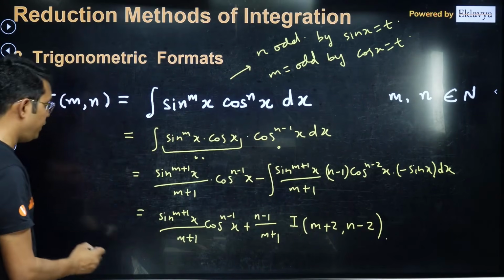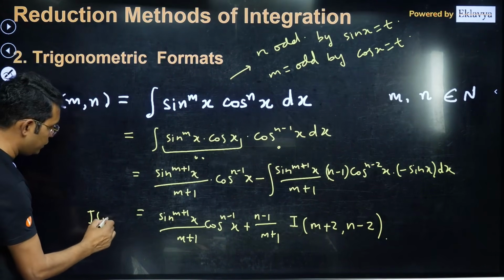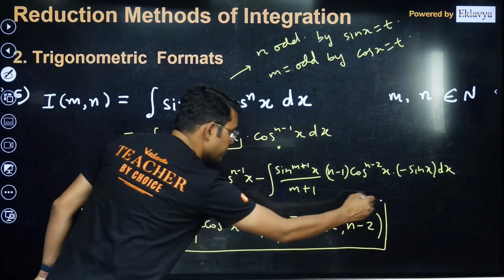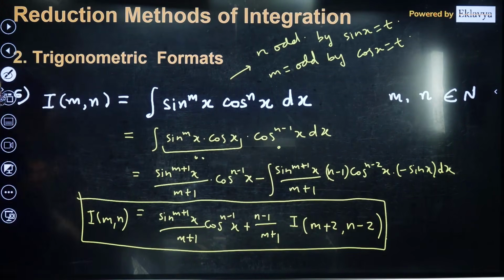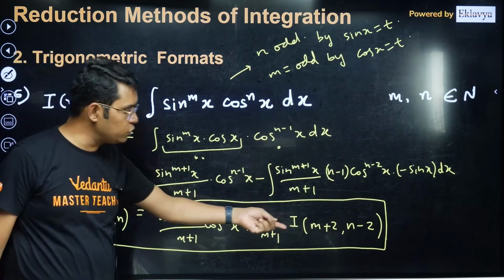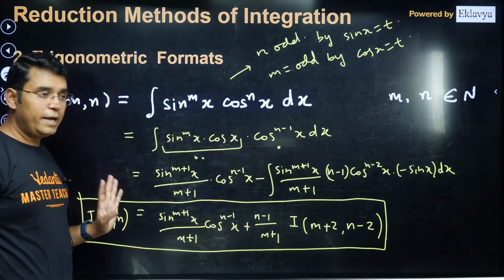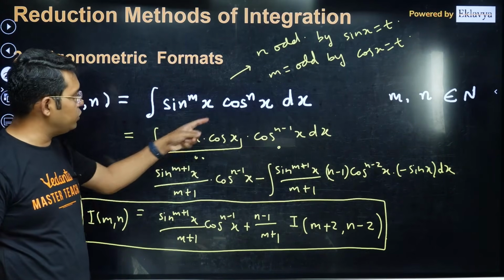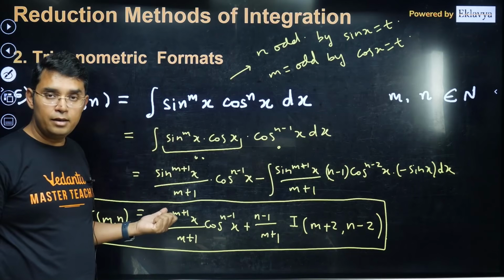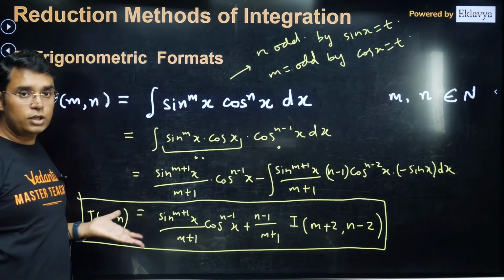Okay, so what we have done by these two steps, we have reduced, or rather I will say changed, this I m n in terms of I m plus 2 comma n minus 2. So you can say you have reduced the power of cos, definitely, but you have increased the same power of sine. So how can this be a reduction?